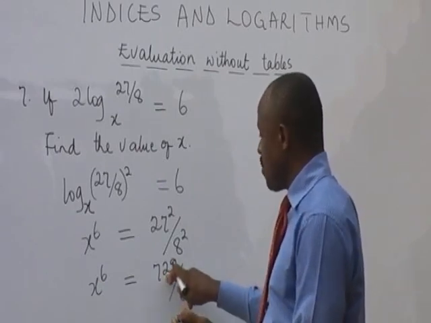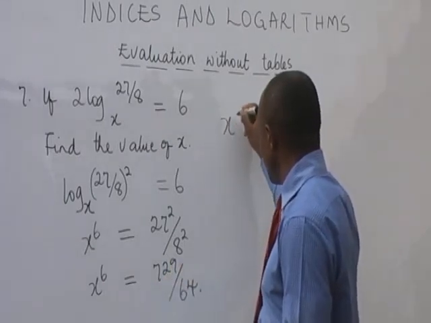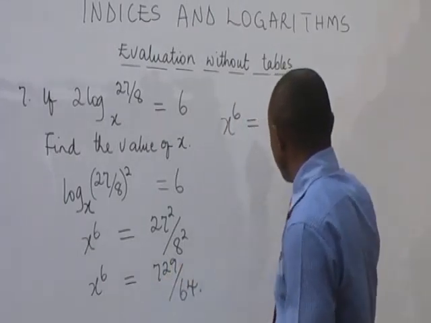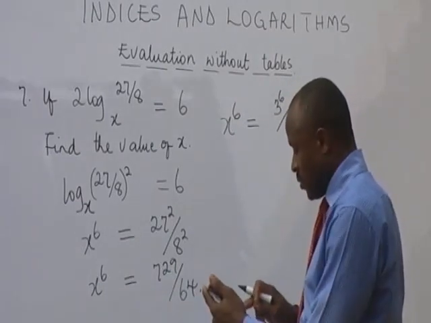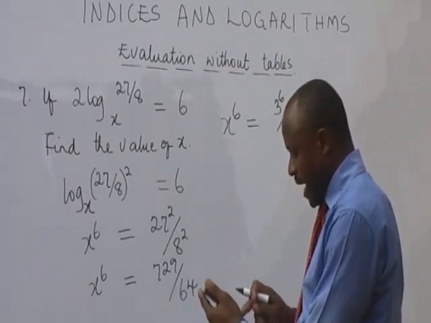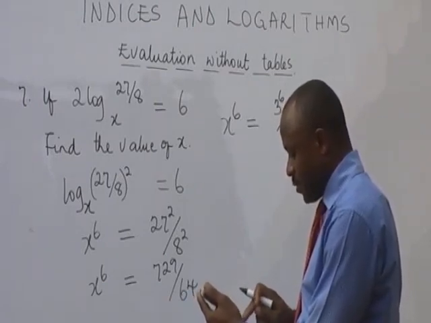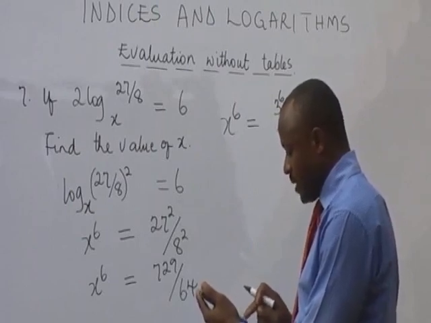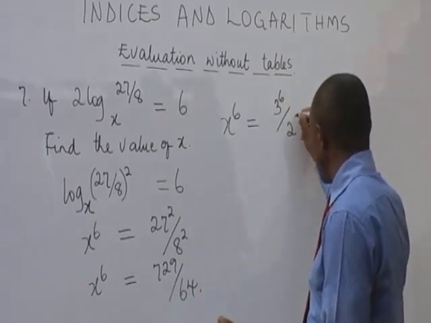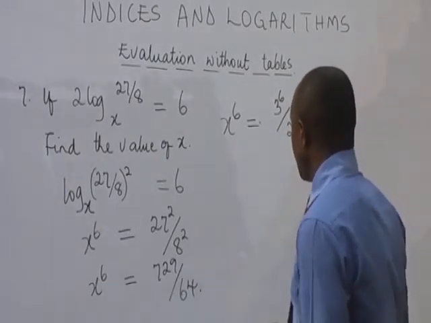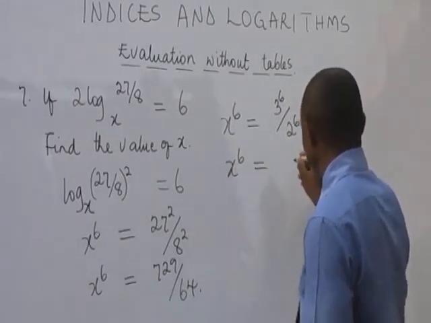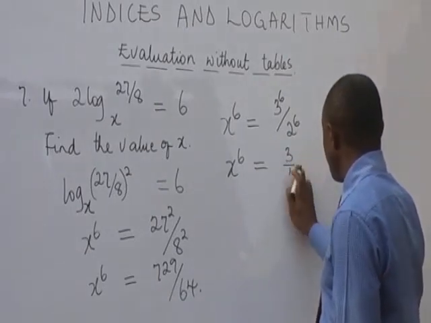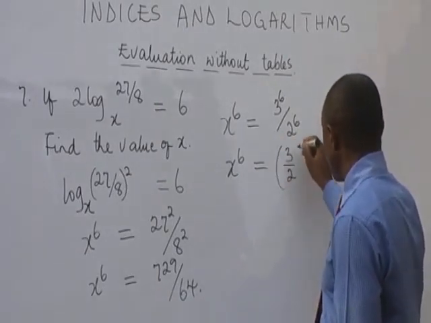729. That means in the numerator, first of all, write down x exponent 6 is equal to 3 exponent 6. Now divided by, let's try 2 for 64. 2 times 2 is 2 times 2, 3 times 2, 4 times 2, 5 times 2, 6 times is 64. That means here we have 2 exponent 6. In this case, bring down x exponent 6 is equal to 3 all over 2 exponent 6.